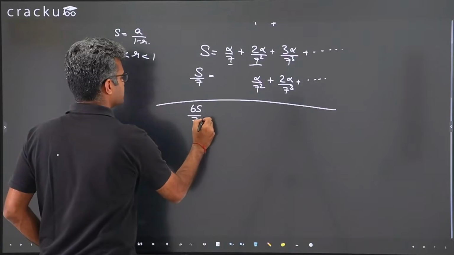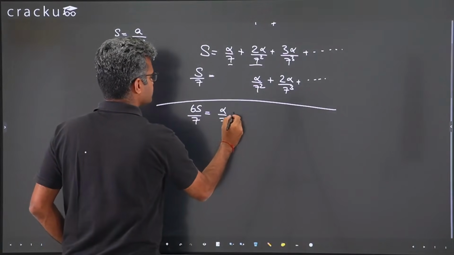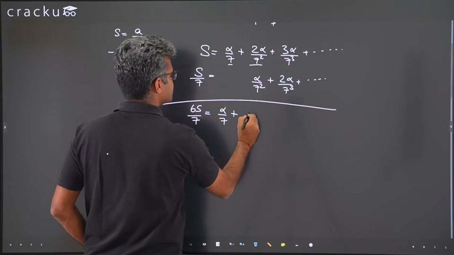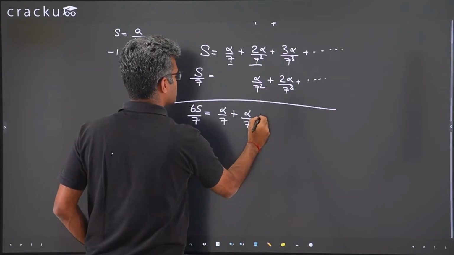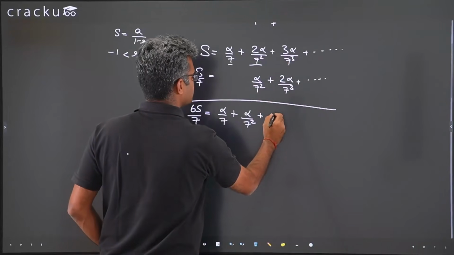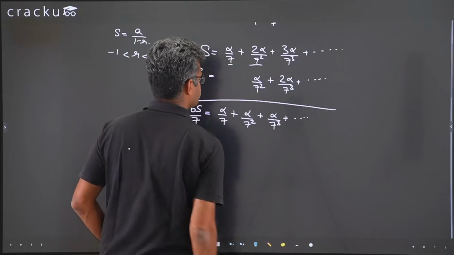This is equal to alpha by 7 plus 2 alpha by 7 square minus alpha by 7 square, which is alpha by 7 square, plus 3 alpha by 7 cube minus 2 alpha by 7 cube, which is alpha by 7 cube, and so on.